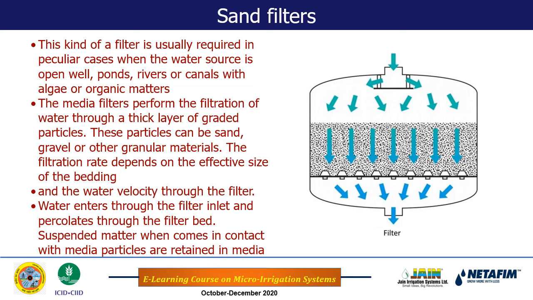So what happens when water comes inside through the inlet? This water with the debris and impurities will pass through this sand bed. While water with the impurities is being passed through the sand bed, the impurities are retained in the sand bed or above the sand bed, and impurity free water will be screened and will pass into the outlet actually. In this way this filtration mechanism happens.